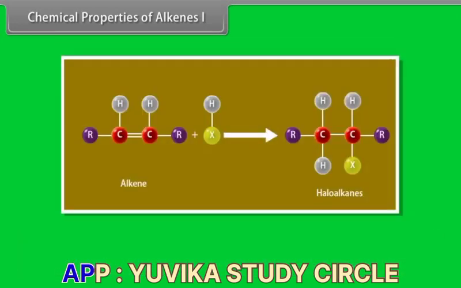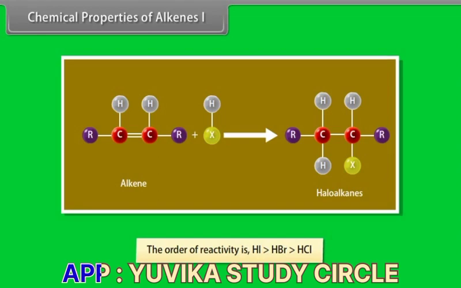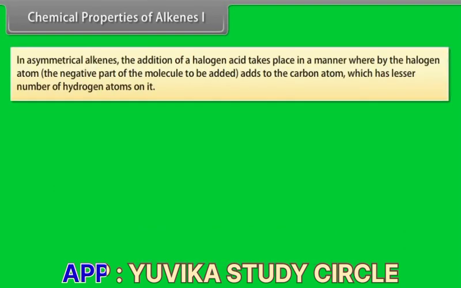Addition of halogen acids. Alkenes with concentrated aqueous solution of halogen acids give haloalkanes. The order of reactivity is HI is greater than HBr is greater than HCl. In asymmetrical alkenes, the addition of a halogen acid takes place in a manner whereby the halogen atom, the negative part of the molecule to be added, adds to the carbon atom which has a lesser number of hydrogen atoms on it.